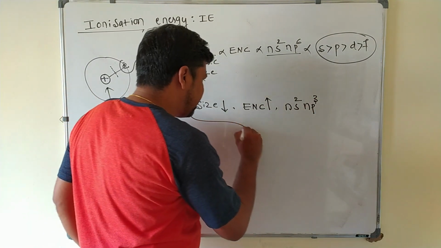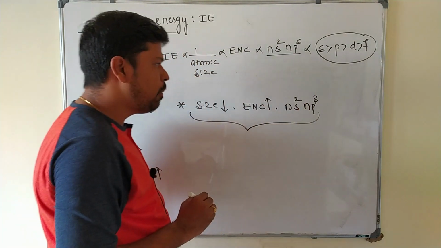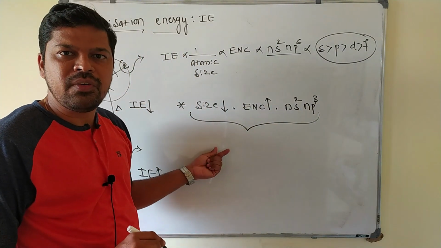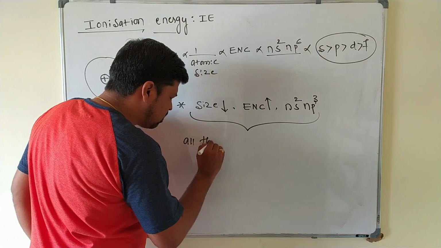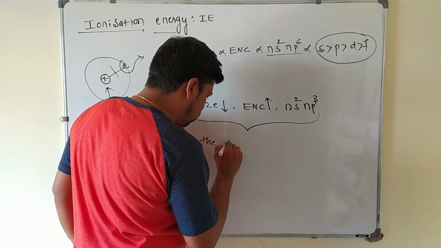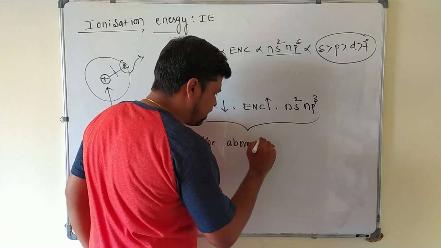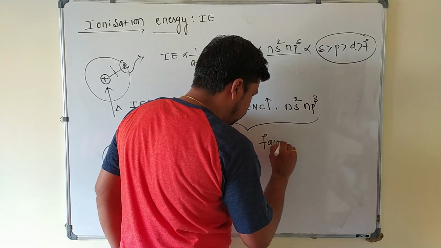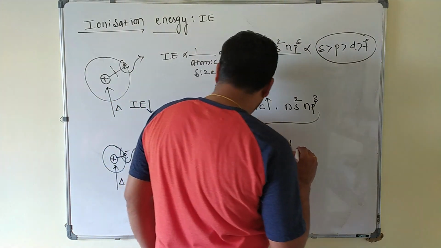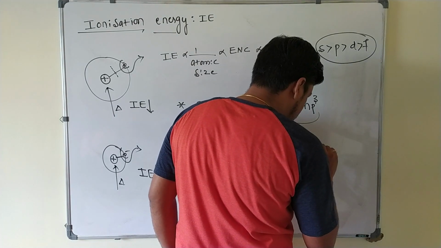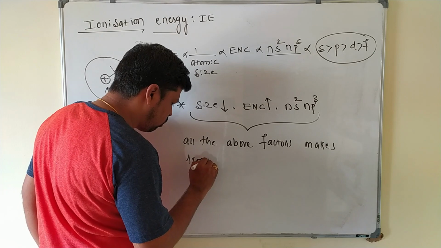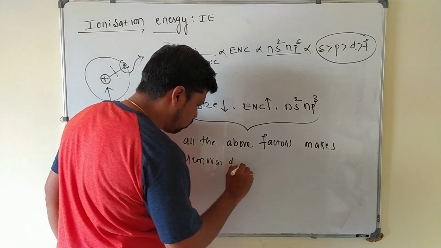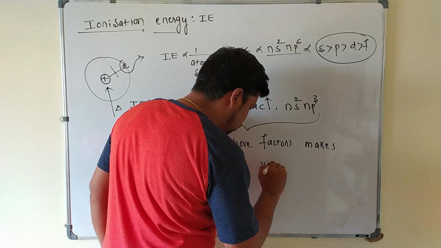All these three factors make the removal of electron very, very difficult. So we will write: all the above factors make removal of electron very difficult.